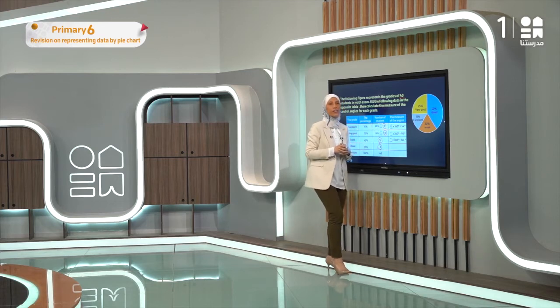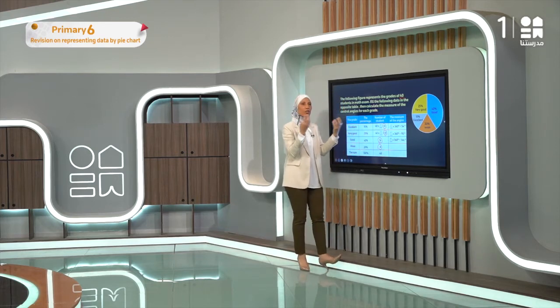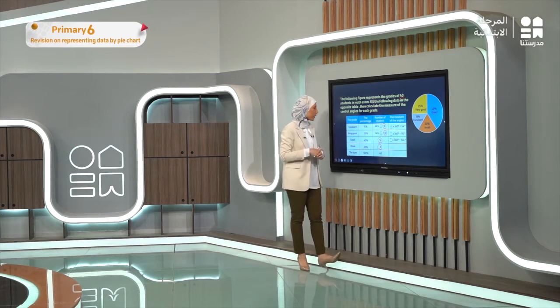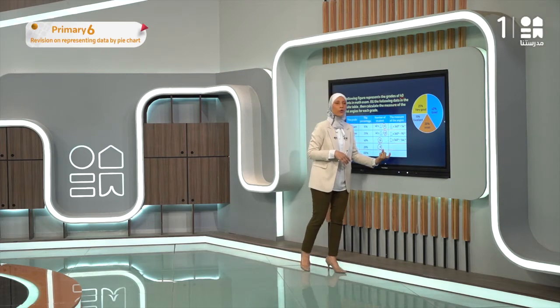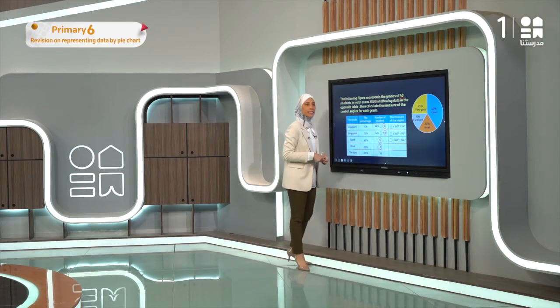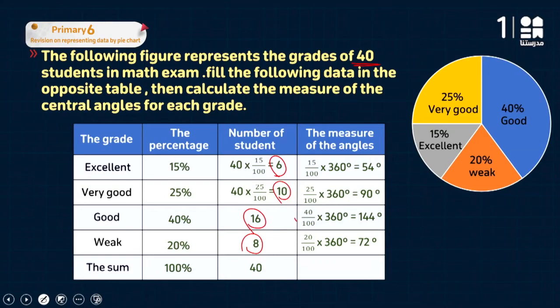Of course you can use the calculator, but I want you to relate the numbers and the percentages. We already took it before. Now if I want to find the angle of the weak, I will make 20 out of 100 times 360 degrees to find the number. It will be 72 degrees.